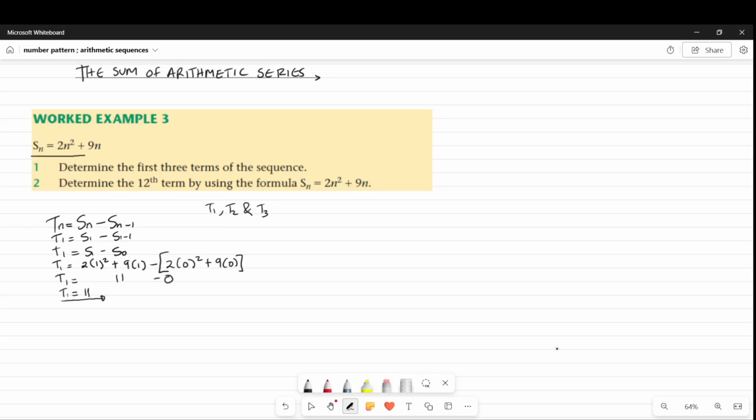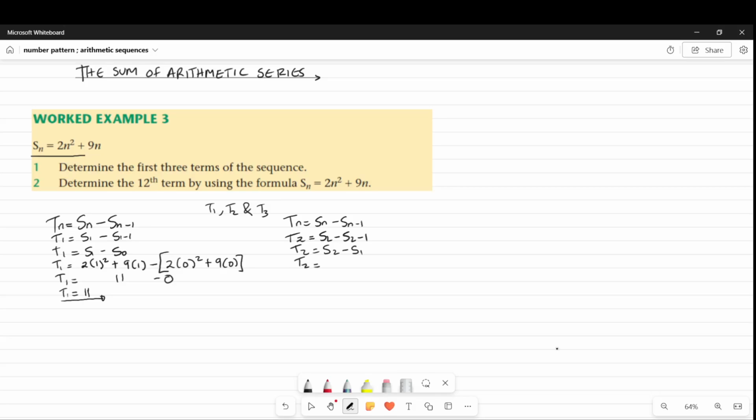Same formula: Tn is equal to Sn minus Sn minus 1. So T2 will be equal to S2 minus S2 minus 1, which is S2 minus S1.